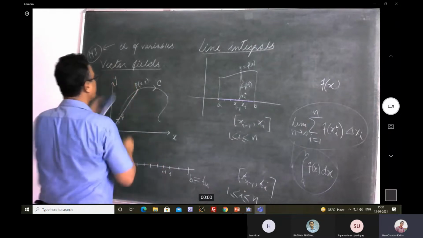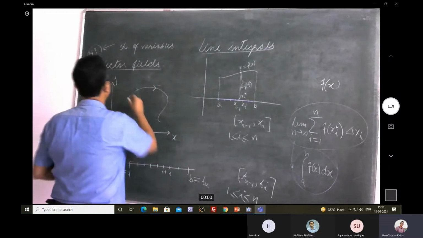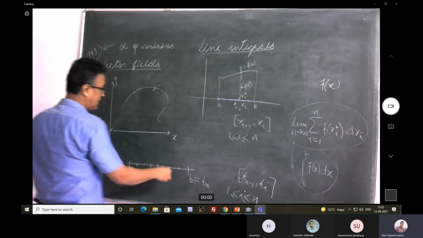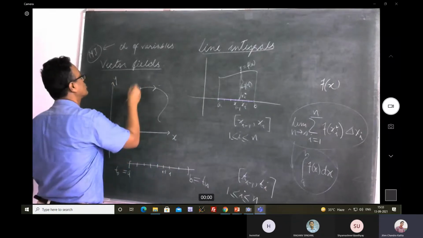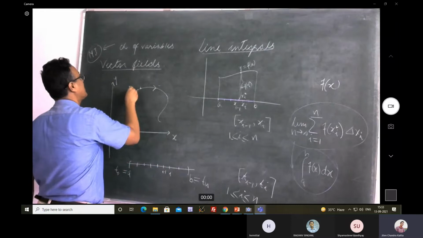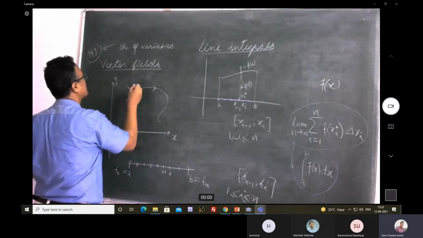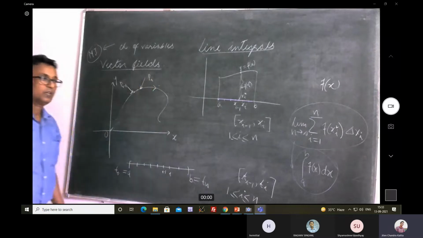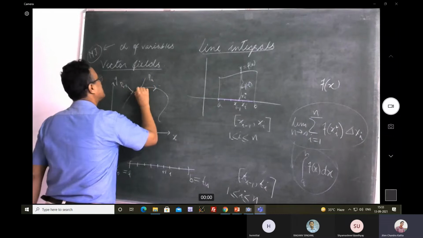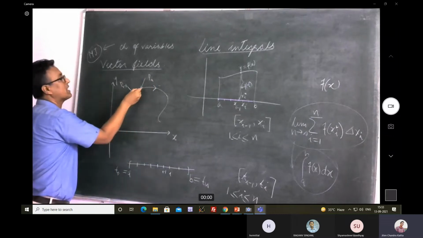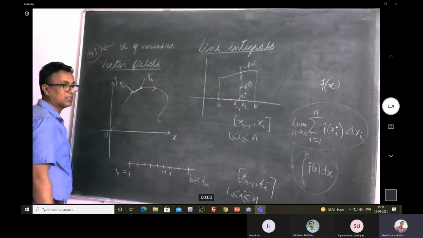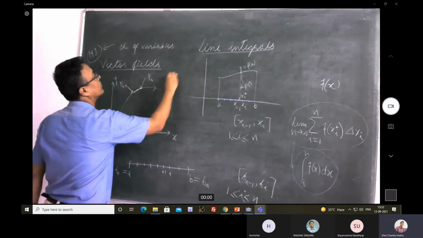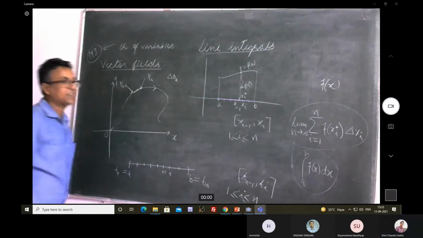Corresponding to that, I am going to get two points on the curve, which I can call p i minus 1 and p i. Suppose the length of this sub-arc joining the points p i minus 1 and p i on the curve is given by delta s.